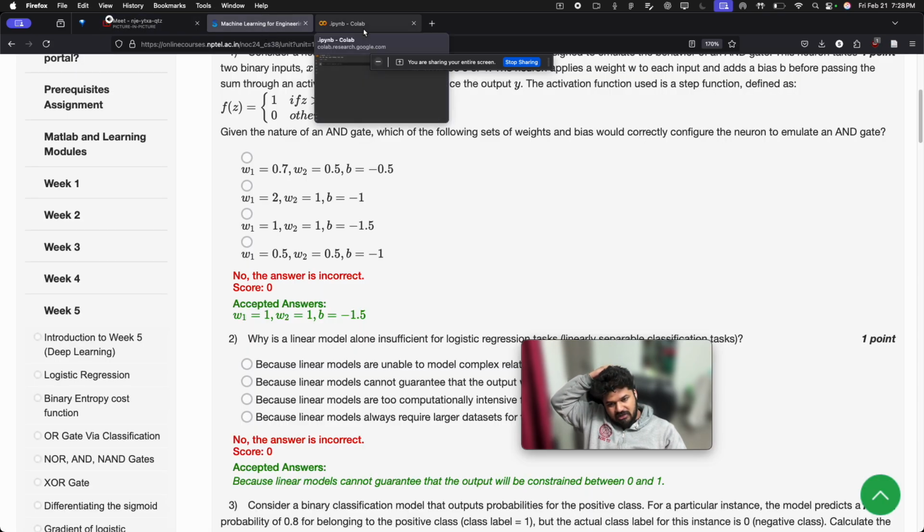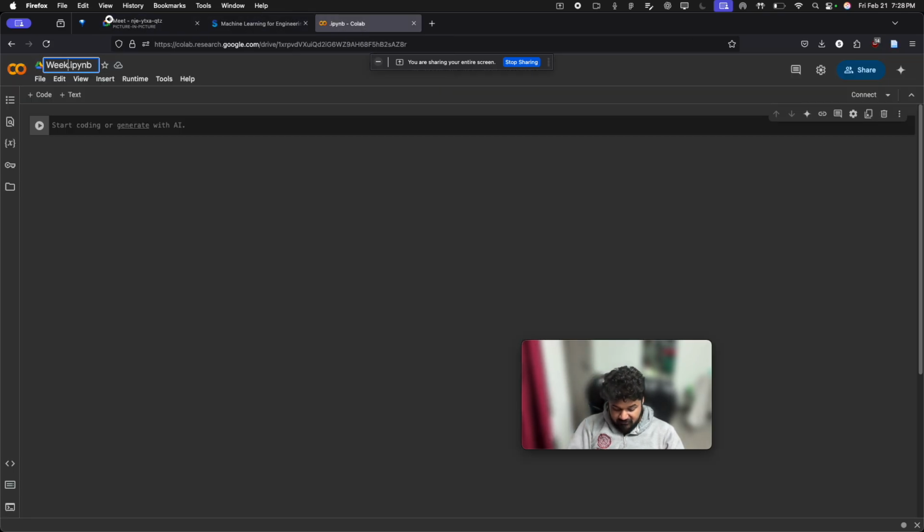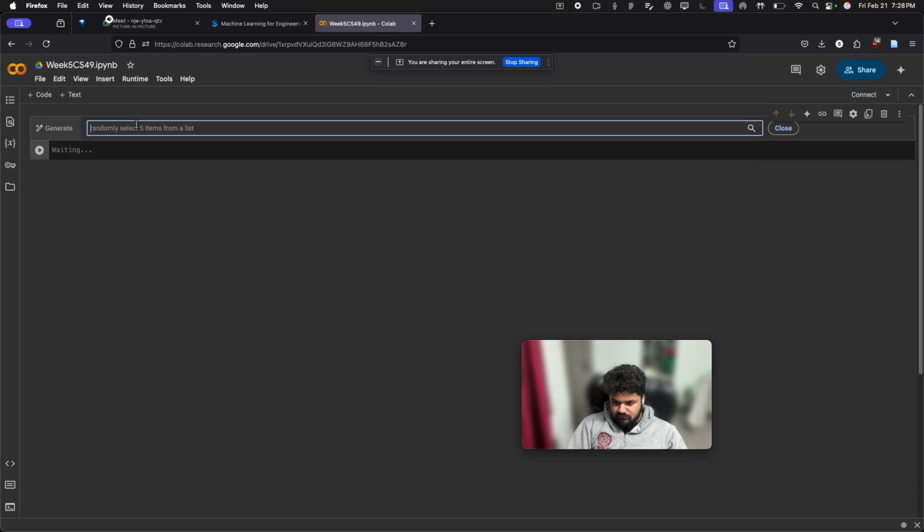Okay, so let me just show you. This is week 5, right? Take a sample data set for logistic regression.